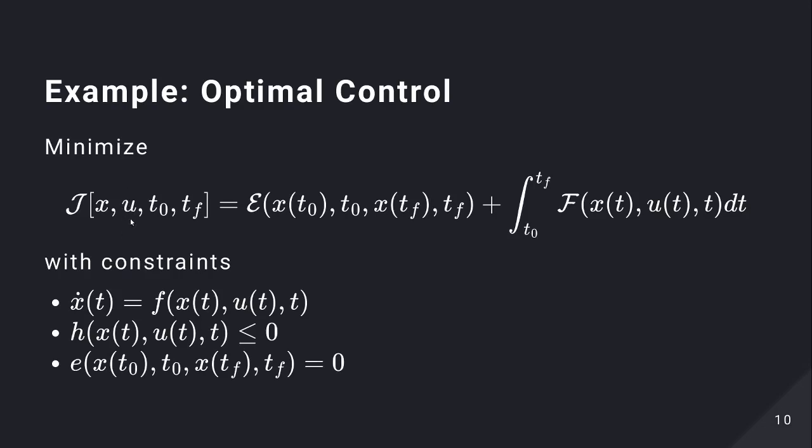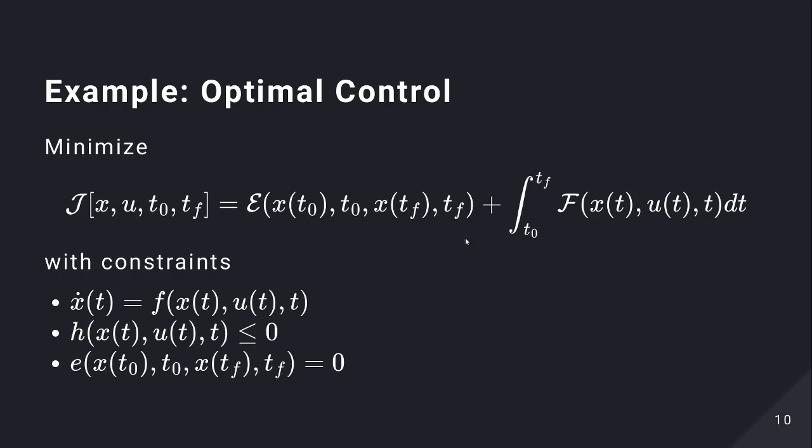And generally you want to find some u that achieves some goal. So maybe I want to move my robot from point A to point B, but you also have some constraints. Generally you express this as a functional that you try to minimize. So J here is the functional, x means the trajectory, and there are initial and ending times.